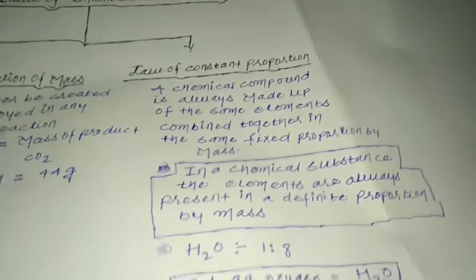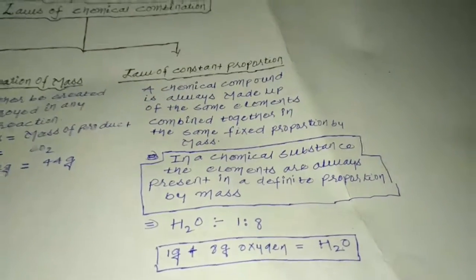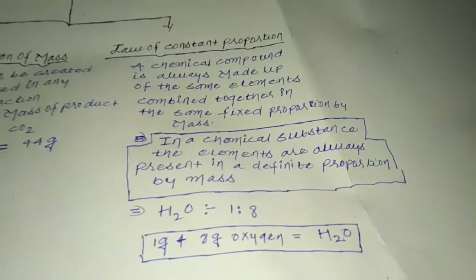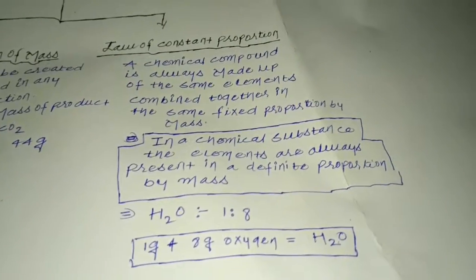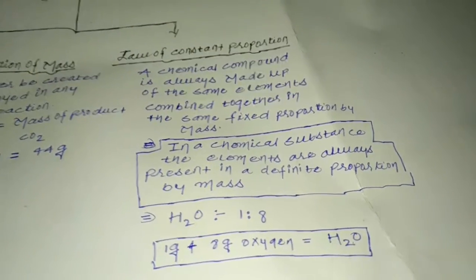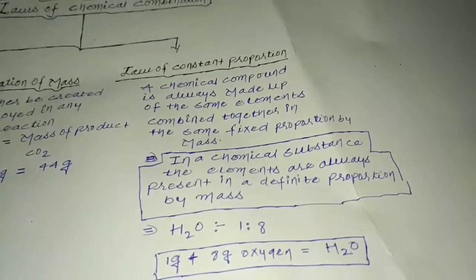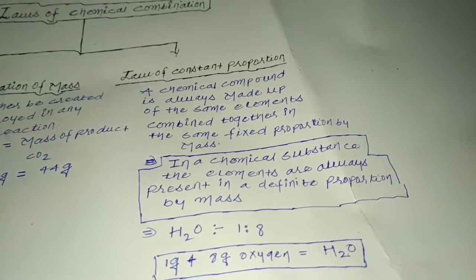Now take 9 gram of water from any source, and pass electricity through it to decompose it, and finally you will get 1 gram of hydrogen and 8 gram of oxygen. When we mix them we get H2O.